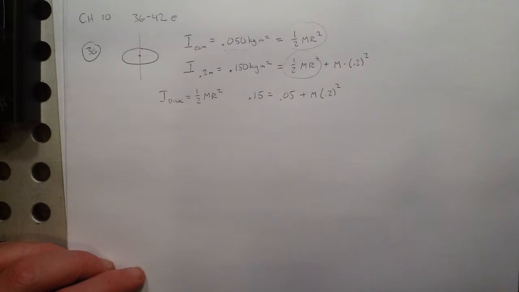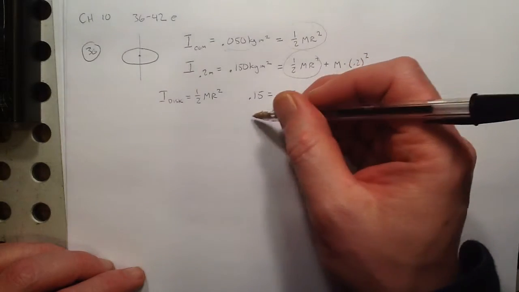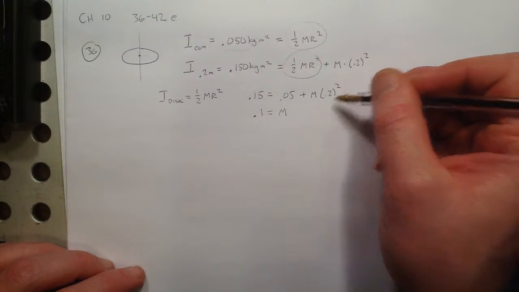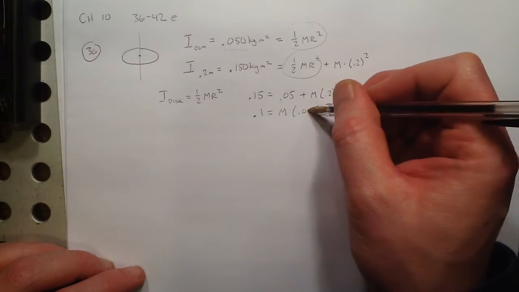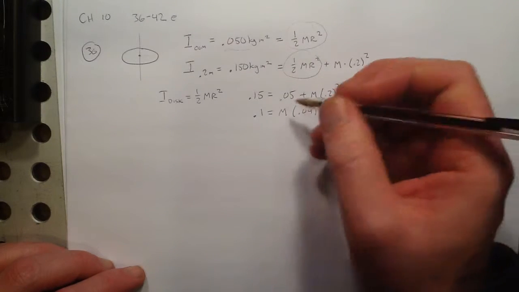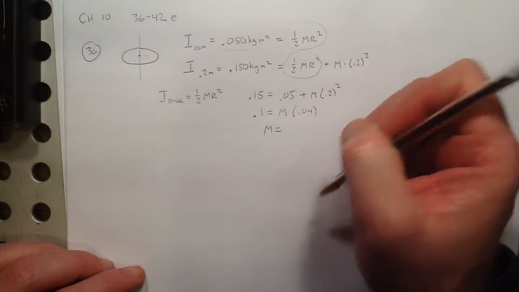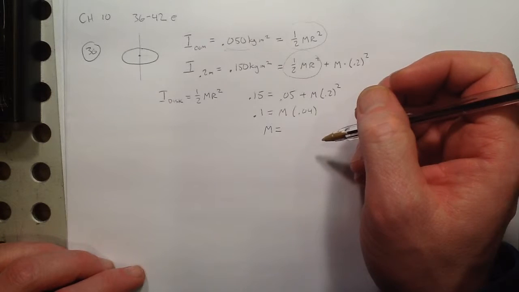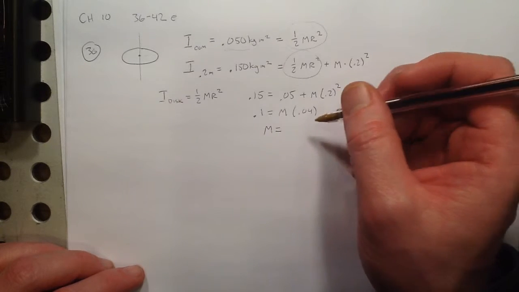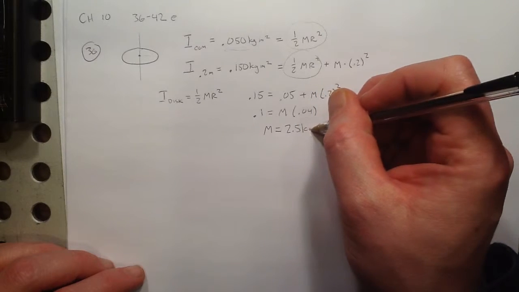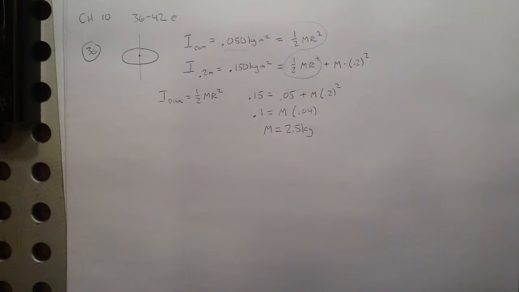We have an equation with just m in it. So that's 0.1 is equal to m times 0.04. So the mass is 0.1 divided by 0.04, which is the same as 10 divided by 4, or 2.5 kilograms. Right?